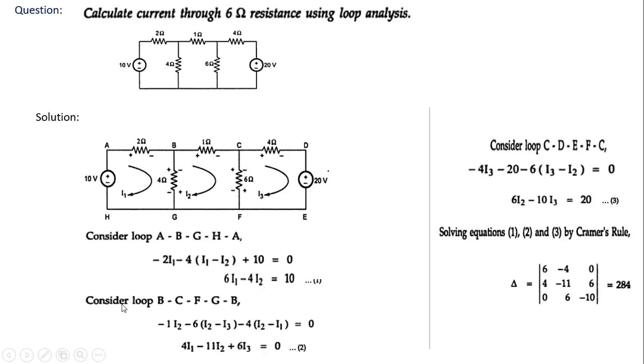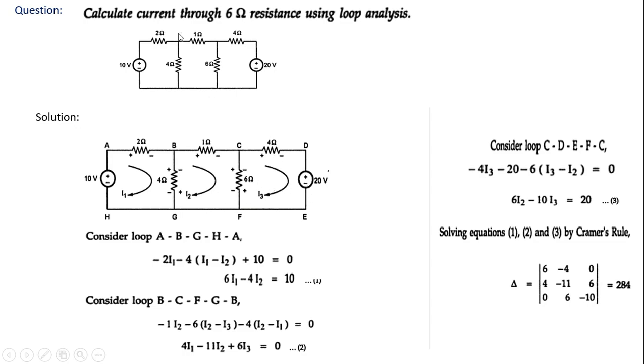Why? Look at the circuit diagram. Here the 6 ohm resistor, we calculate the current through the 6 ohm resistor. That 6 ohm resistor is connected between loop currents I2 and I3, that means the second loop and third loop. At a time, the 6 ohm resistor is experiencing the I2 current as well as the I3 current.